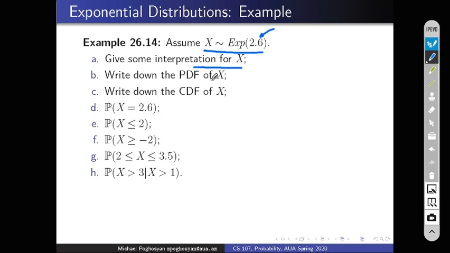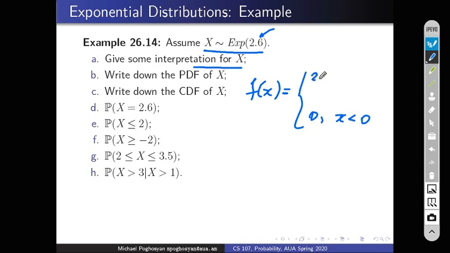Write down the PDF of X. Well, the formula for the PDF is the following. It is 0 if x is negative, so waiting time cannot be negative, and it is lambda times e to the minus lambda x.